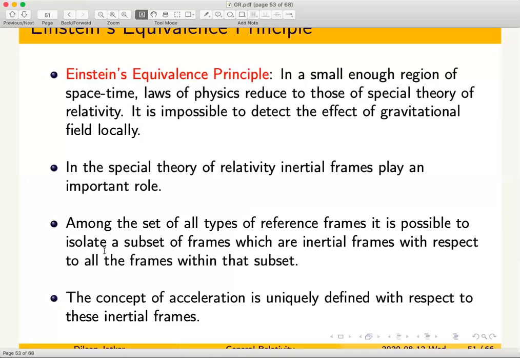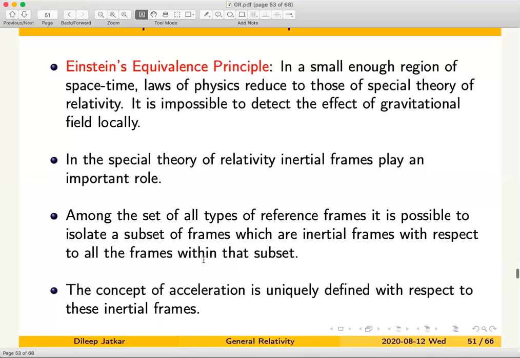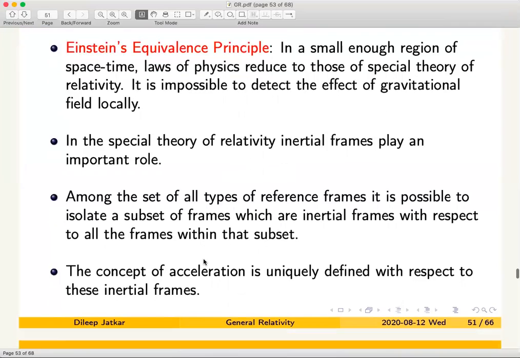If you define an inertial frame in this fashion, then the concept of acceleration is uniquely defined with respect to this set of inertial frames, because acceleration will take you out of this set and relate one subset of inertial frames with another subset of inertial frames.